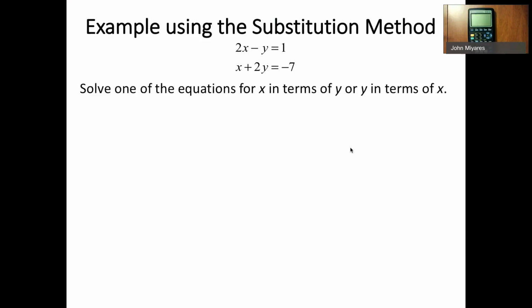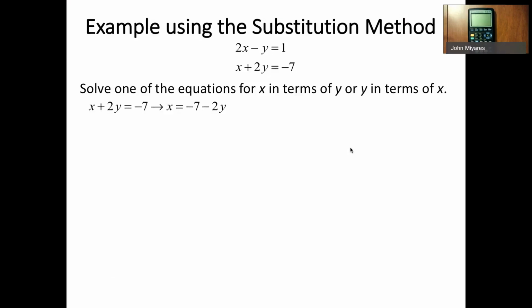It doesn't really matter which, so you can pick whichever looks easiest. In this case, I see the bottom equation is x plus 2y equals -7. So all I have to do to get that one into x equals form is move the 2y to the other side to get x equals -7 minus 2y.